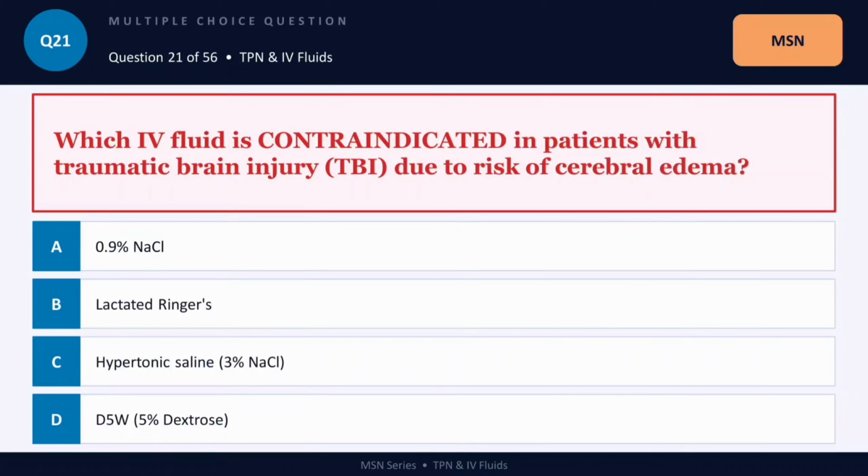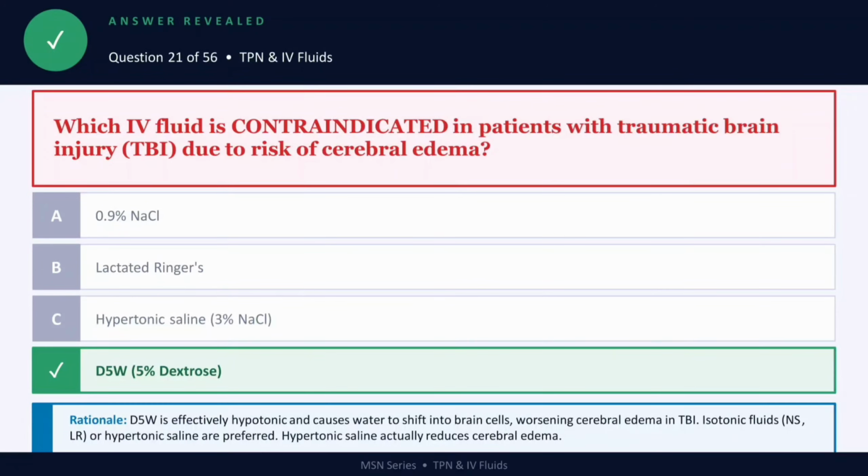Question number 21. Which IV fluid is contraindicated in patient with traumatic brain injury due to risk of cerebral edema? Option A, 0.9% normal saline. Option B, lactated ringers. Option C, hypertonic saline. Option D, dextrose 5% in water. The correct answer is option D, dextrose 5% in water.